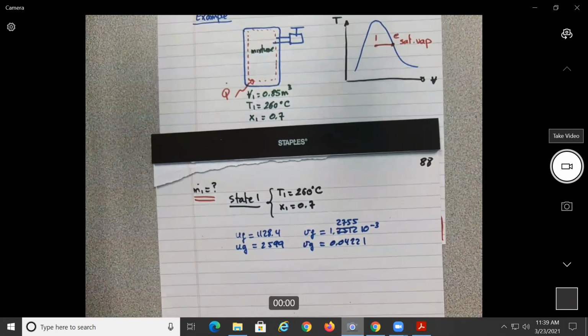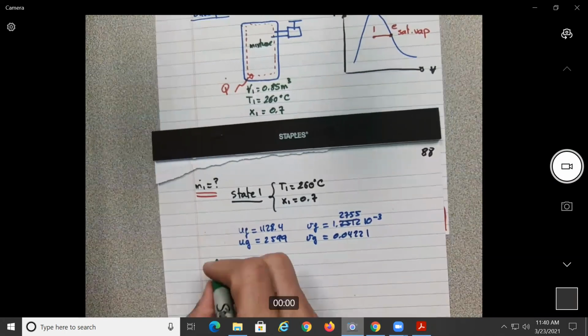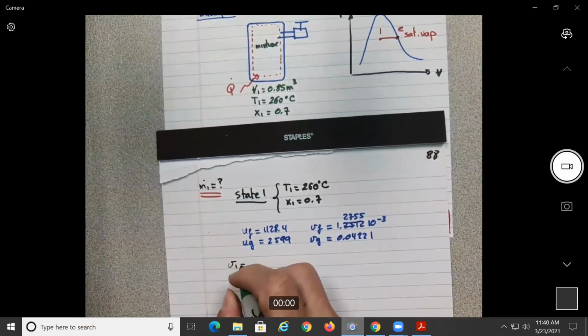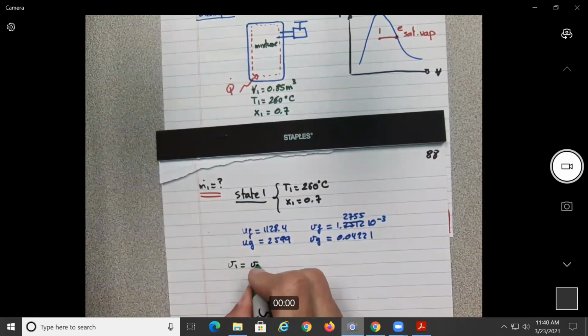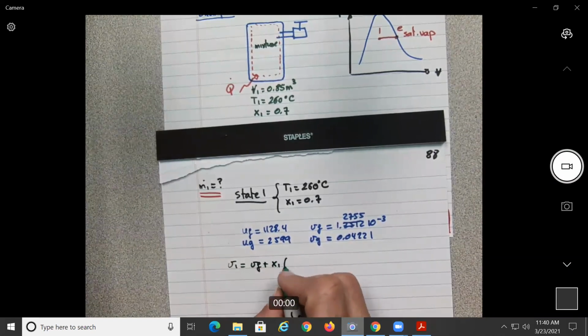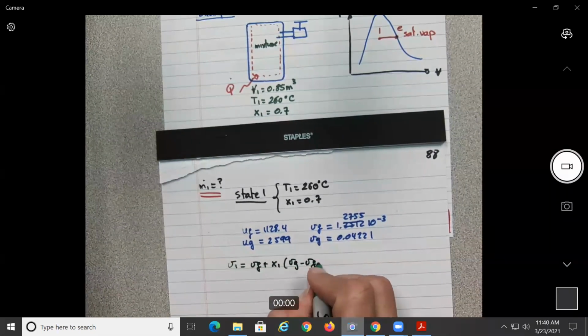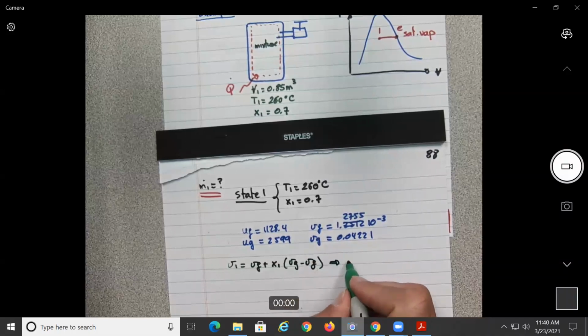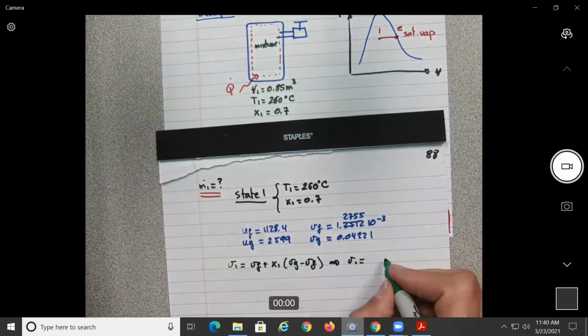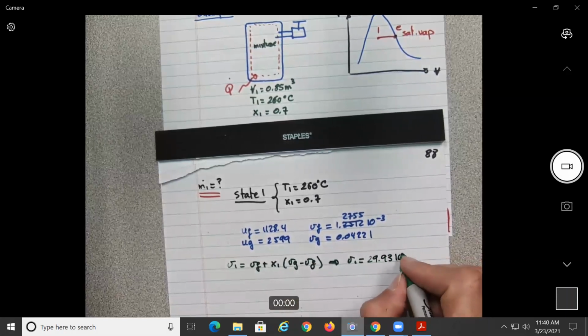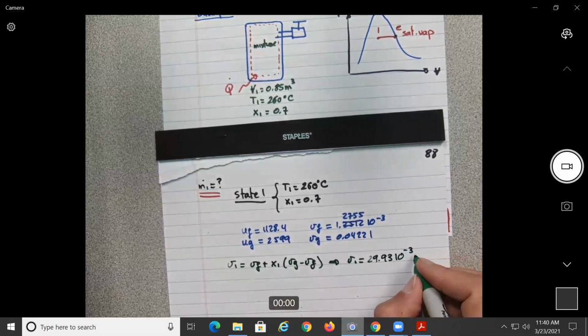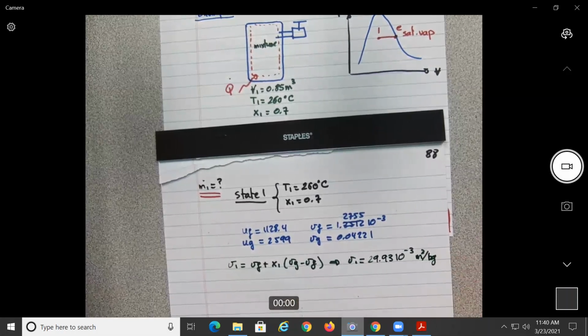Okay, so using this data, you can find that V1 will be equal to V sub F plus X1 times (Vg minus V sub F). And if you do the calculations, this gives you V1 equal to 29.93 10 to the minus 3 cubic meters per kilogram.